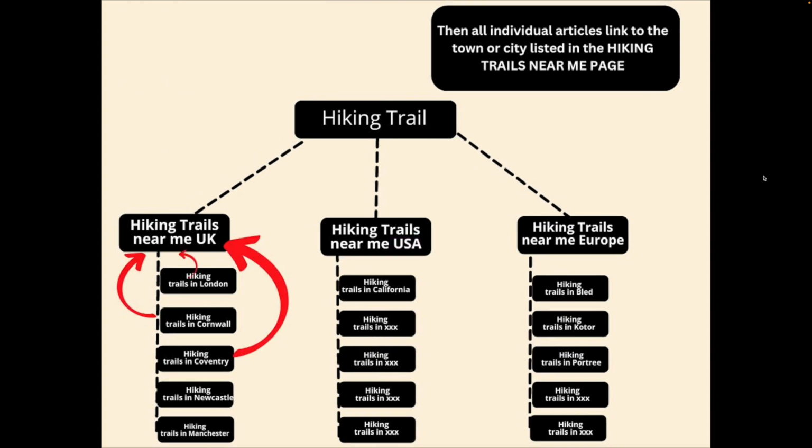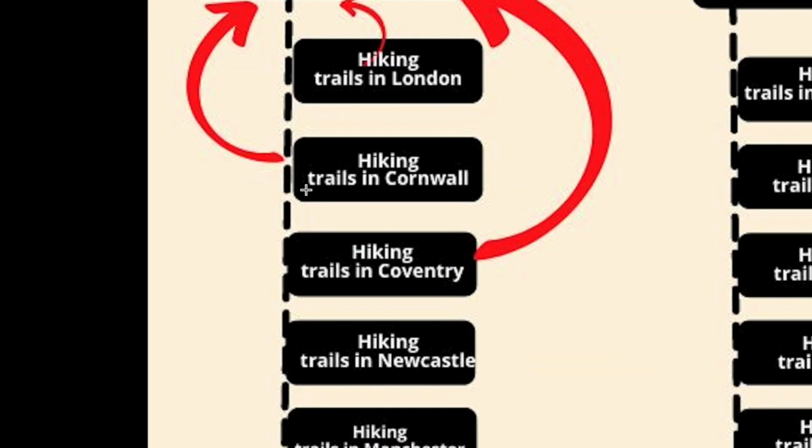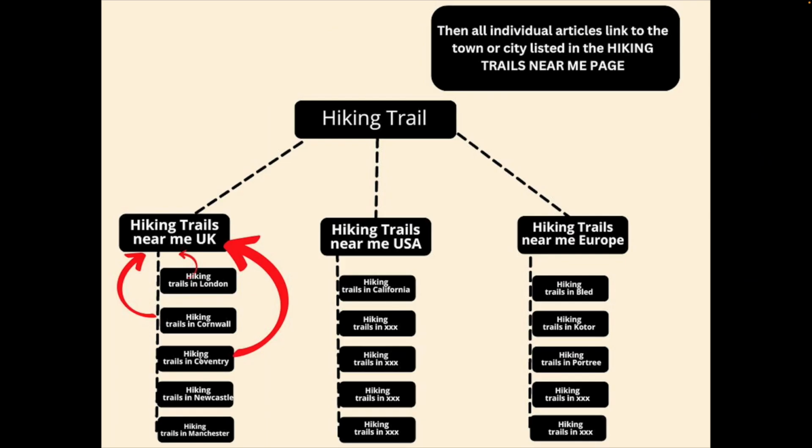And then the final stage is to write the smaller, long tail keyword content like hiking trails in London, hiking trails in Cornwall, hiking trails in Coventry, the smaller individual pieces of content that are very, very specific to a search term. Now, these are usually around 1,000 words, maybe 1,200 words maximum.